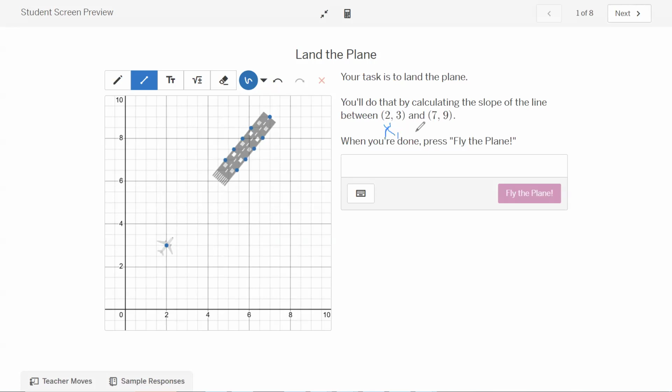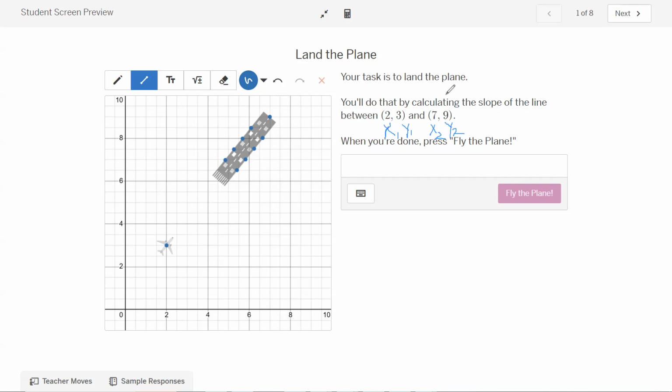My 3 is my y1. My 7 is my x2. And my 9 is my y2. I would suggest getting a piece of paper to do this math. You'll see that I am writing this out on my computer. You guys will need to write this out on a scrap piece of paper so you can actually do the math.